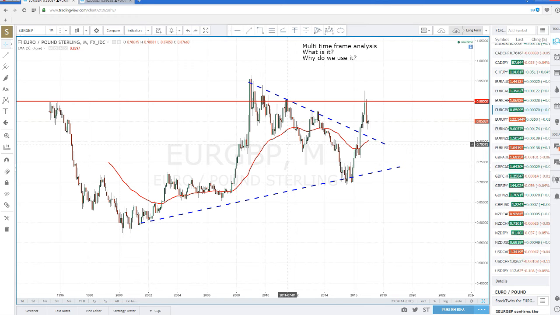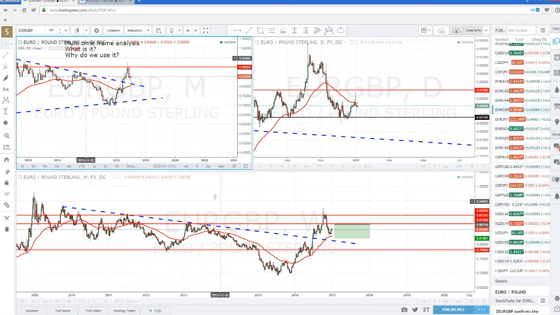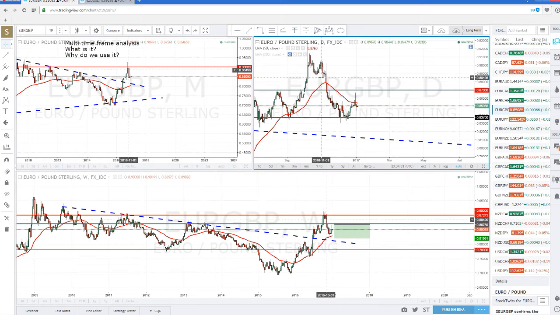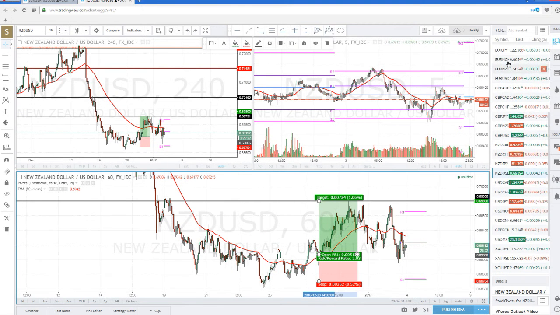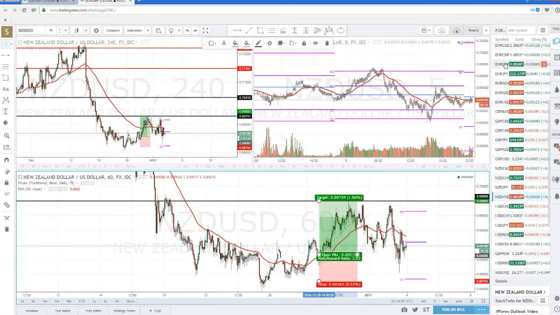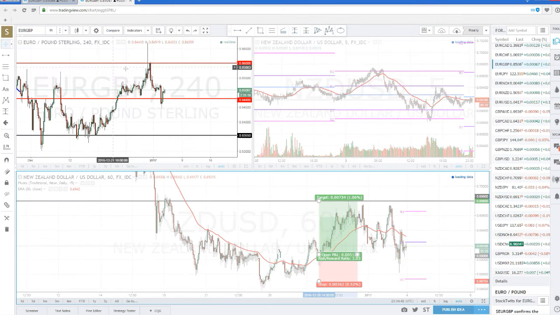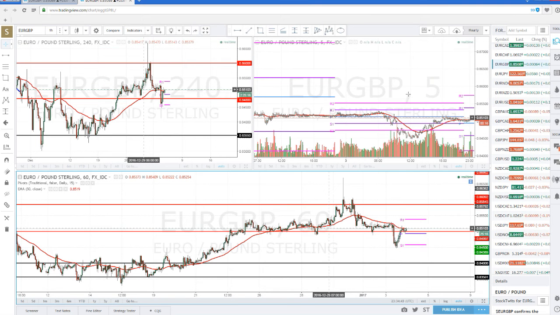So firstly, you may hear me say it a few times, but what is it really meaning? Well, it's very simple. It's quite literally just one pair broken down into multiple different time frames. So for example, how I do it, I have the monthly, the weekly, the daily, and then on my other system here, I have a breakdown of the intraday price, the 4 hour, the 1 hour at the bottom, and the 5-minute chart there.